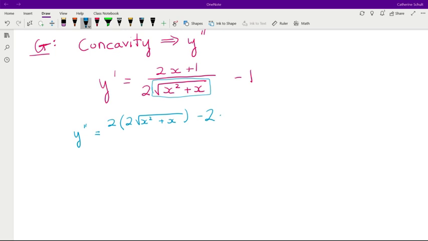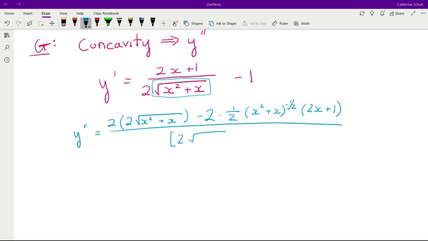We've done this before. It's the chain rule. So we can do 1/2 times x squared plus x to the negative 1/2, now times the inside function 2x plus 1. Then we divide that by the bottom squared. So that's our quotient rule.